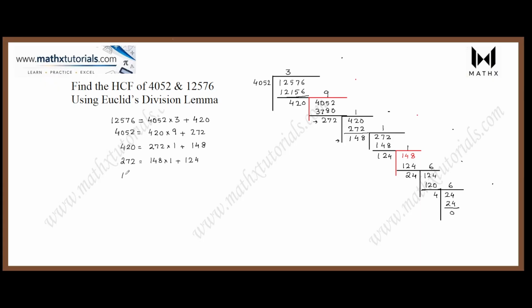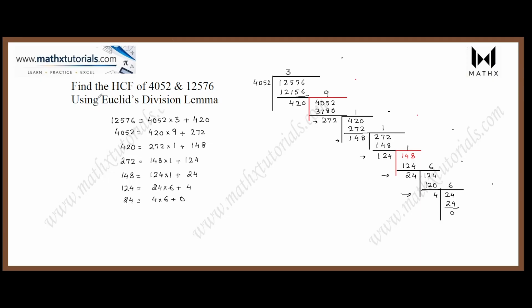Now we pick up 148, which is 124 times 1 plus 24. Then we take up this step, that is 124 equals 24 times 6 plus 4, and then the last one, 24 equals 4 times 6 plus 0.